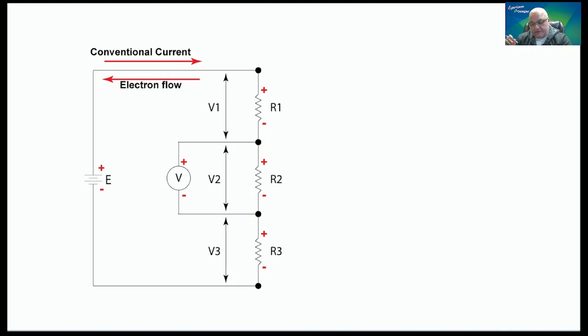So conventional current direction is this, and it happens so that a long time ago, when we didn't know matter was built up of electrons, protons, and neutrons in the atoms and the molecules, people just arbitrarily said, we are going to make this the direction of the flow of the current.